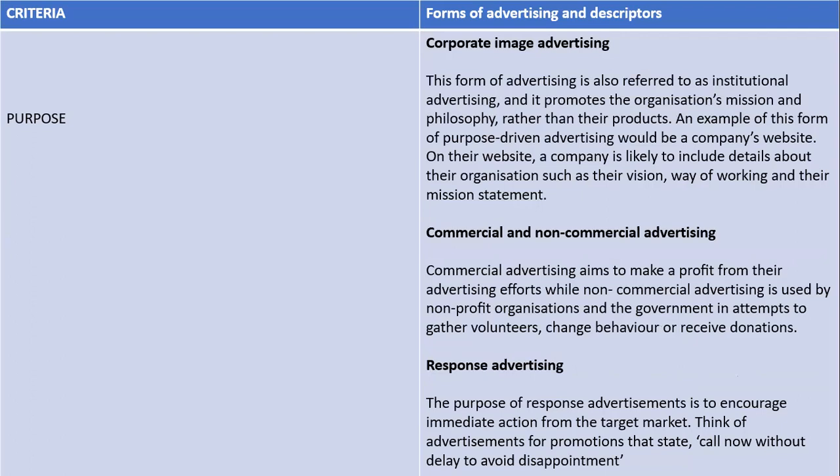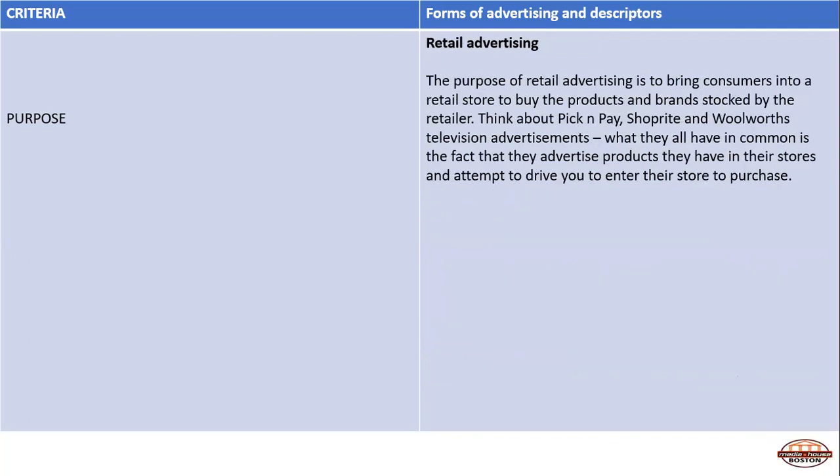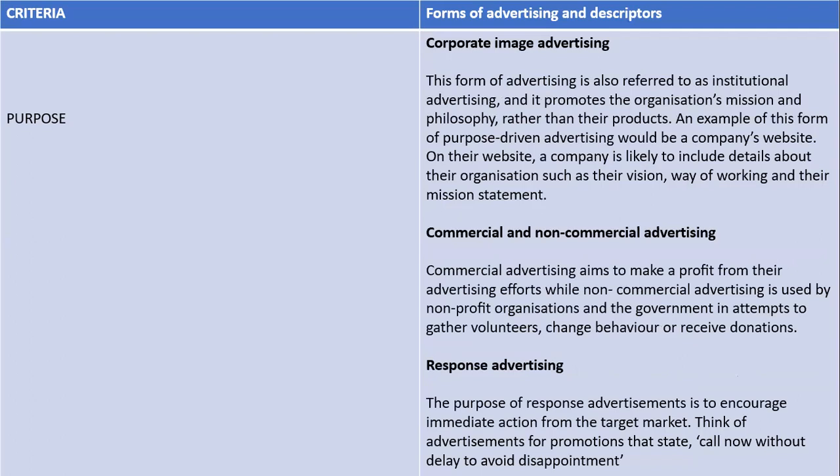Then we have corporate image advertising. This form of advertising is also referred to as institutional advertising, like what we discussed before. It promotes the organization's mission and philosophy, rather than their products.